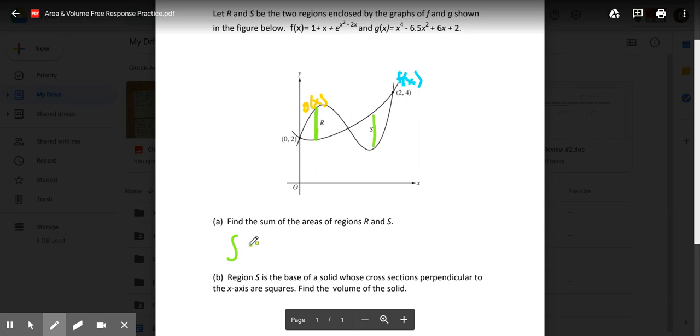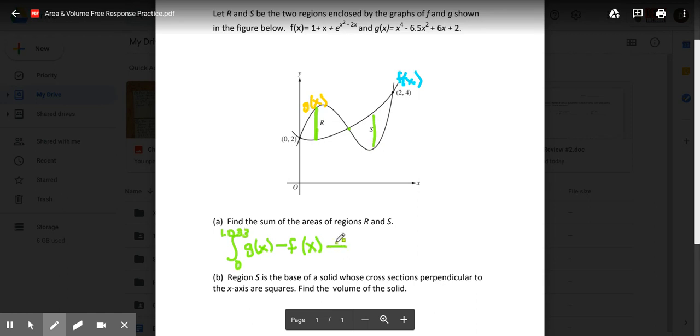So you're going to end up doing g of x minus f of x for the first one. And you're going from this point of intersection, which is 0, to this point right here, which you have to find on your calculator. That point is 1.033.